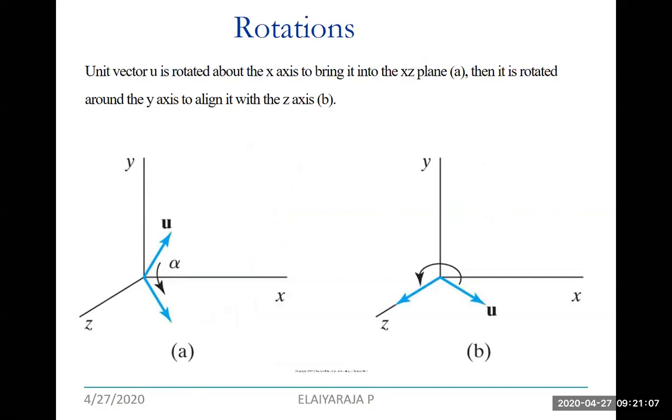Okay, so unit vector u is rotated about the x-axis to bring into xz plane, that is your A diagram, which means with respect to x-axis and unit vector u rotated about x-axis to bring out xz plane, right?